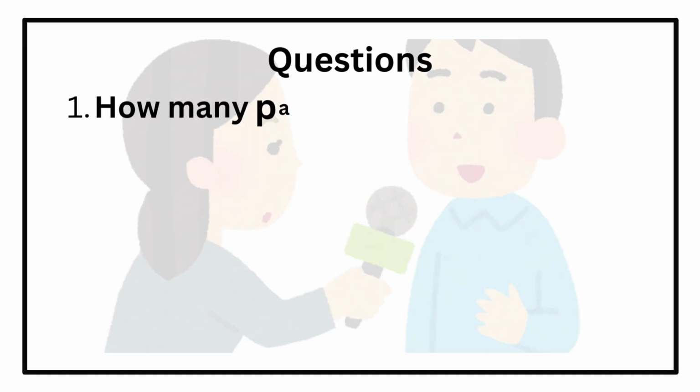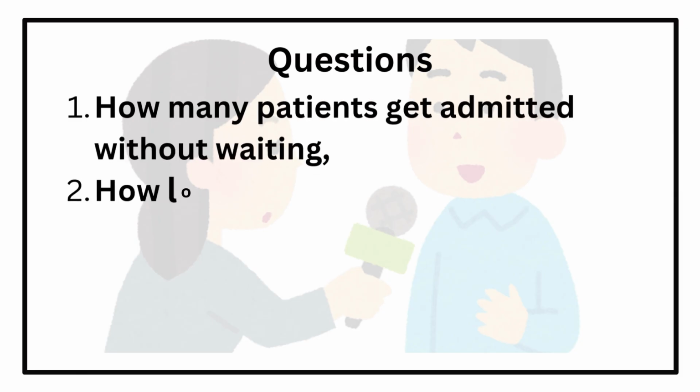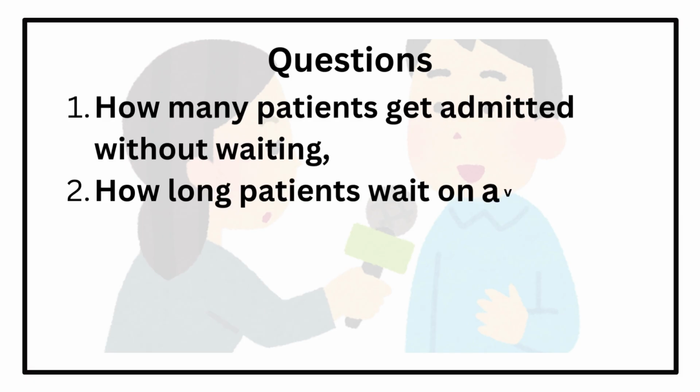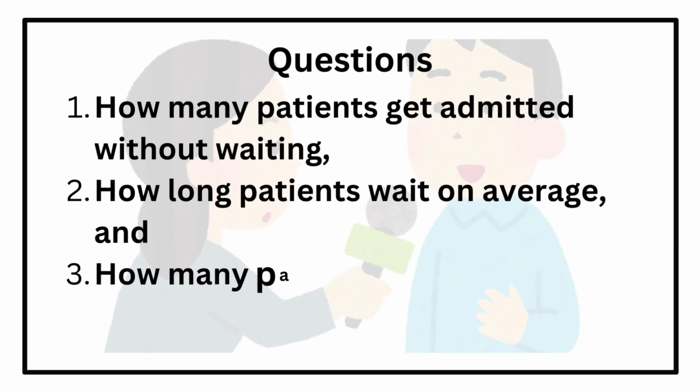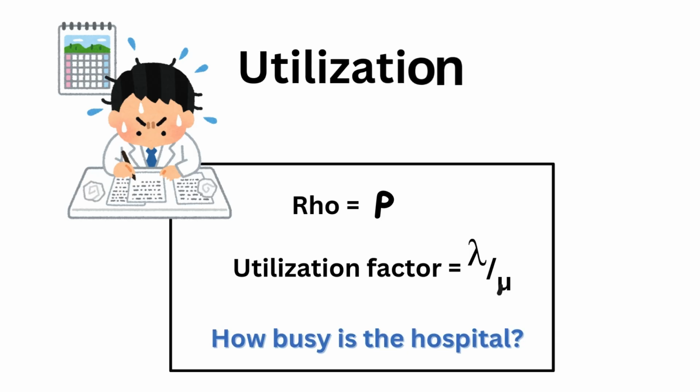So we used queuing theory to calculate how many patients get admitted without waiting, how long patients wait on average, and how many patients are in the line at a given time. To answer these questions, first we calculate utilization, which tells us how busy the hospital is.